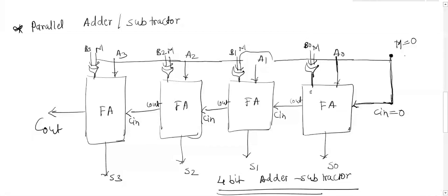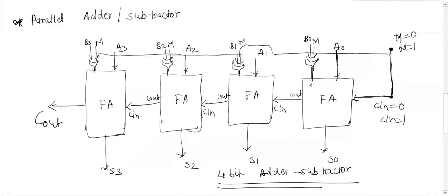When M is equal to 1, then at that time Cin is equal to 1 and the circuit will act as a subtractor. Then M is equal to 1 is given as a second input to the XOR gate, B0 XOR 1. Now when it is XORed with 1, then B is complemented and it is given as an input to the full adder, and the full adder is performing the subtraction operation.